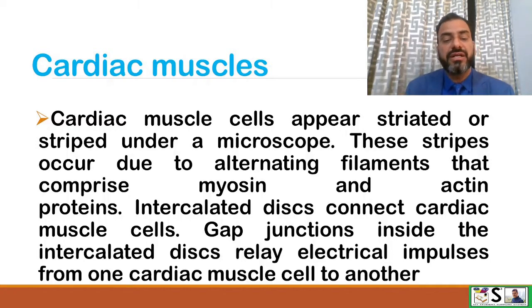And there are intercalated discs that connect each fiber or branched fiber to the next fiber, and there is the gap junction. This gap junction is known as intercalated disc, and these discs relay the electric impulses from one muscle to another, and this transmission is very fast.